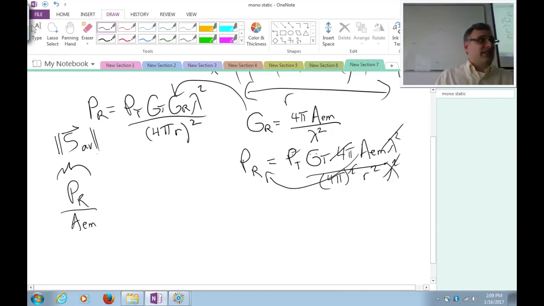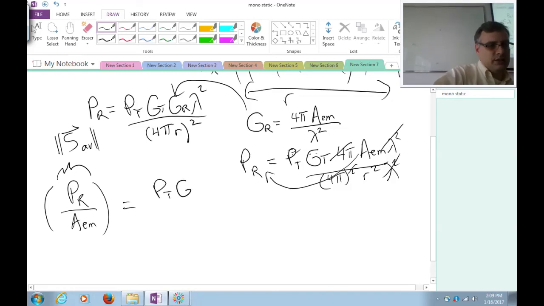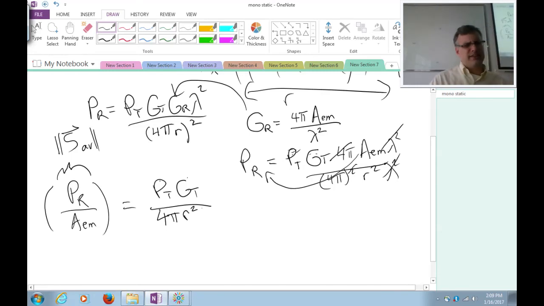You can think of it actually as the amount of power I have washing over my antenna. We say, well, that's equal to my EIRP, times my transmit power times my antenna gain divided by 4 pi r squared.